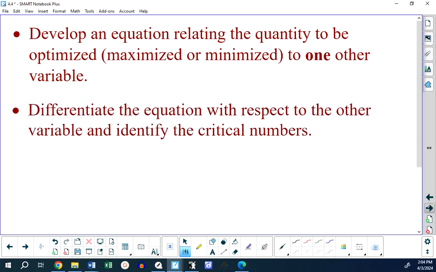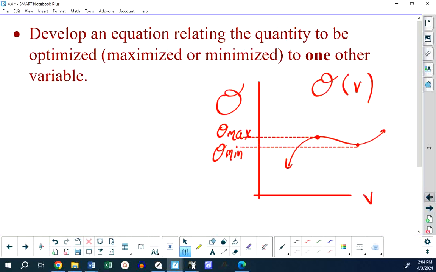So once you have that function, you differentiate the equation with respect to the other variable. In other words, if you're looking at this particular relationship, you would want to find dO/dV, and then find the critical values of that derivative, because that will be where the derivative is either 0 or undefined, which corresponds to max-min points.